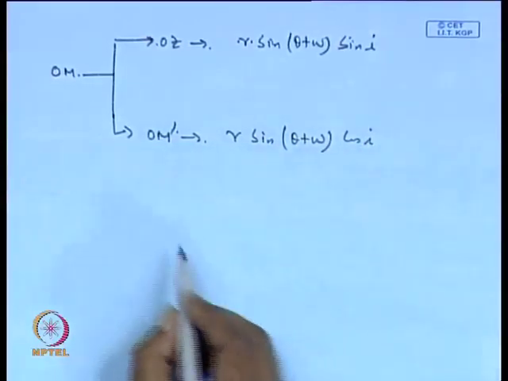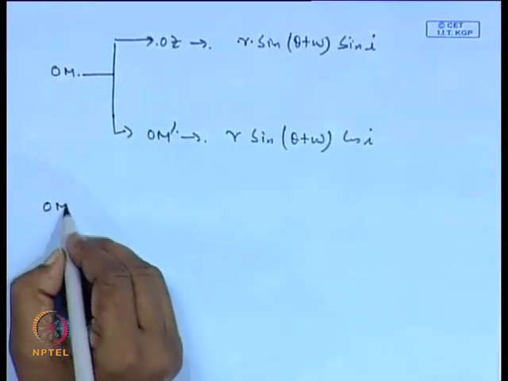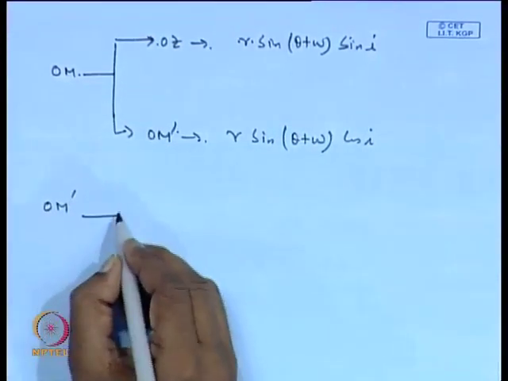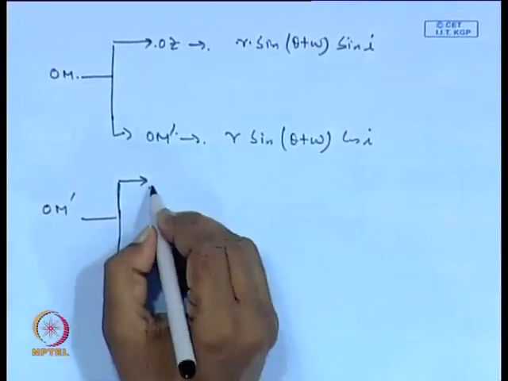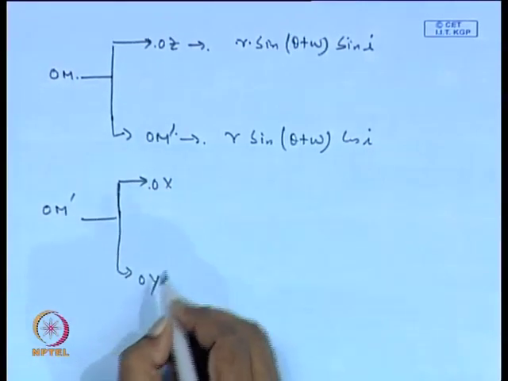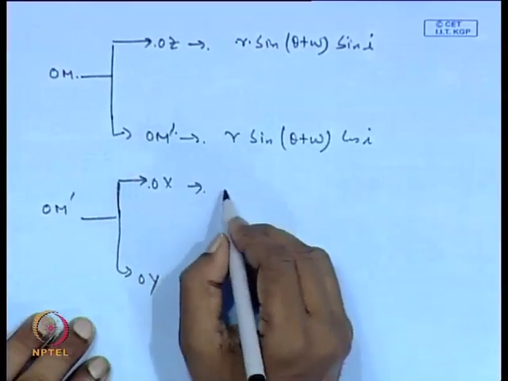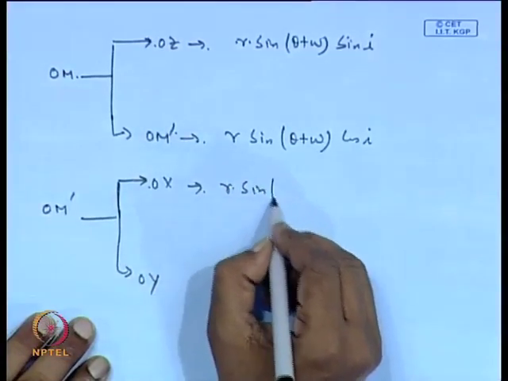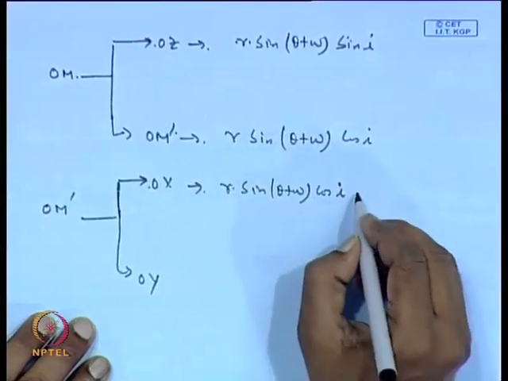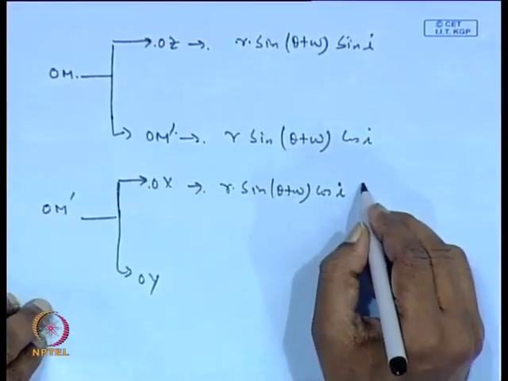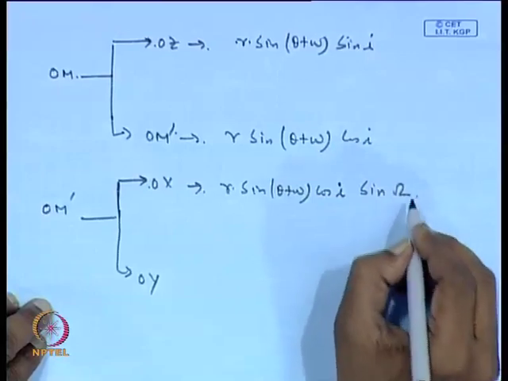Okay. So, next we need to break O M prime along the O X and the O Y direction. So, breaking this, r sin theta plus omega cos I and sin capital omega.